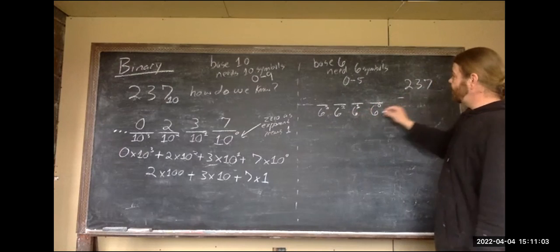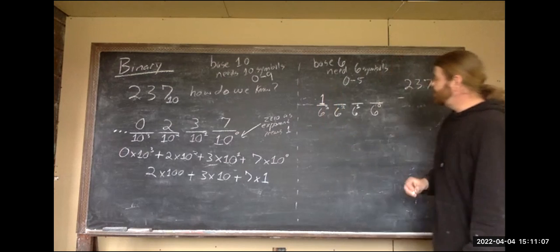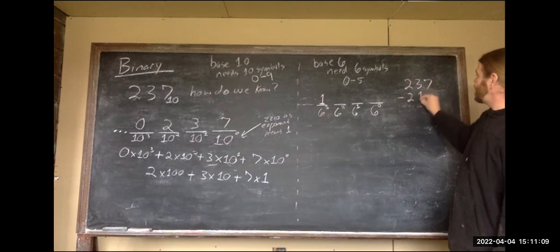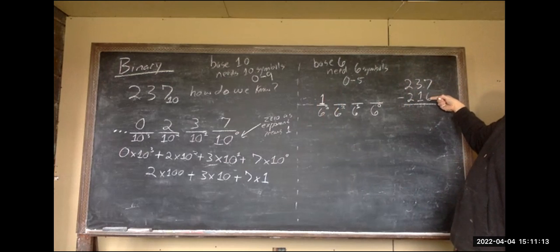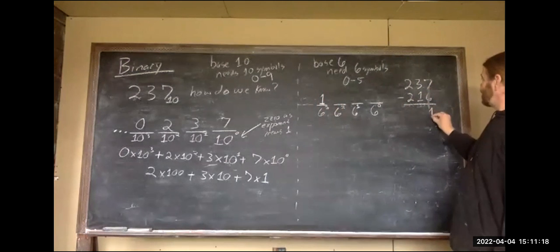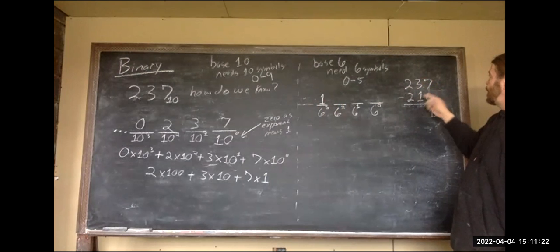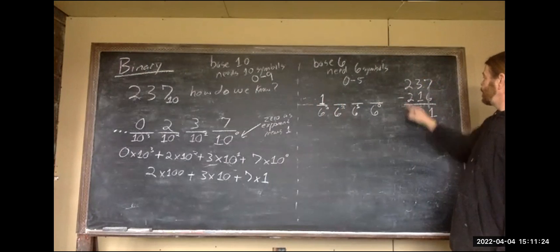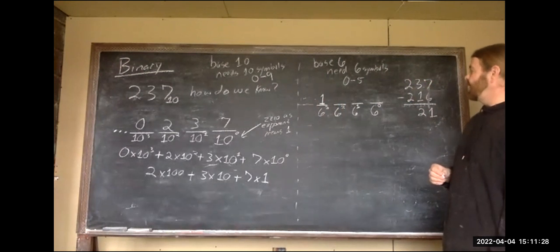So yeah, I think we'll have one of those. When we subtract that off, let's see, 7 minus 6. This is a better example for the columns. 7 minus 6 gives us a 1. And 3 minus 1 gives us a 2. 2 minus 2 is a 0. So we still have 21 left to account for.